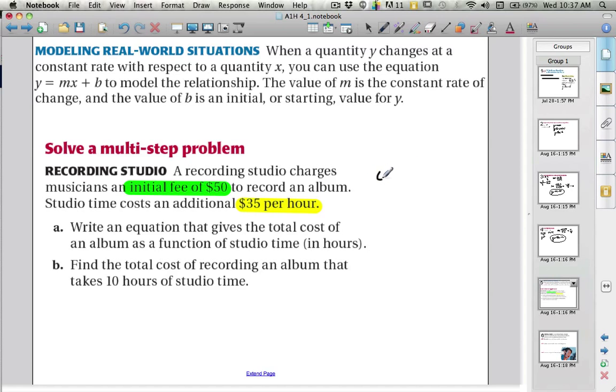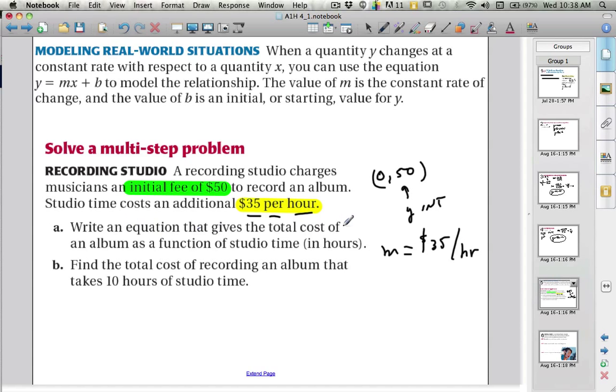So if I wanted to translate this into points, I could say that. I could also say, okay, well, this is my starting situation. Either way, I know that that is the y-intercept. And when you see something per something else, this is a rate of change. M is equal to $35 per hour. So as long as x is in hours, this is going to work.